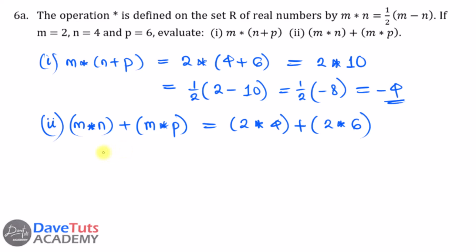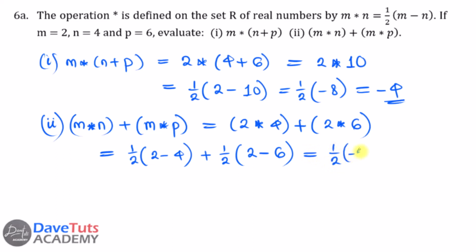So if we want to do this now, we just want to carry out this binary operation. So we have 1 over 2, the first alphabet, 2 minus the second alphabet, which is 4, plus 1 over 2 into the first alphabet, 2 minus the second alphabet, which is 6. So this will give us 1 over 2 into minus 2 plus 1 over 2 into 2 minus 6, which is minus 4.